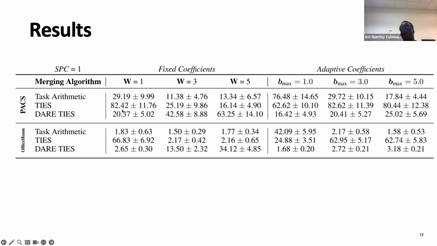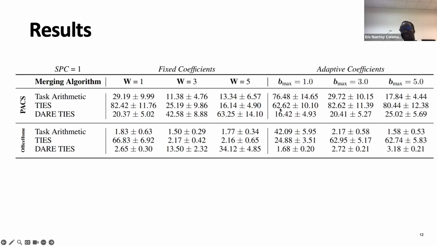The same goes for TIES, in this case with different fixed weight values. We try these, and you can get the correct one, but it's also very easy to skip the right values and get the wrong ones.